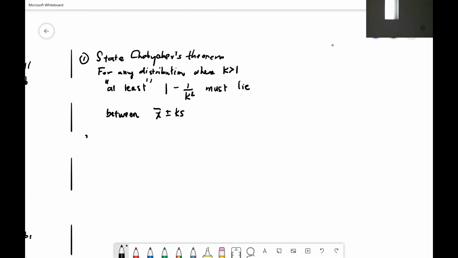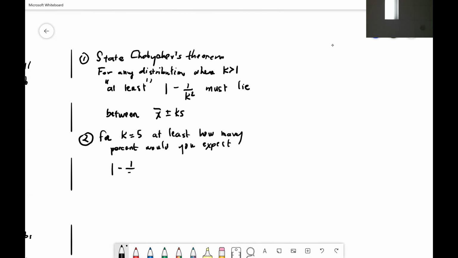And I might say for number 2, for k equals 5, at least how many percent would you expect? Let's say I could give you something like that. Then you would say, okay, 1 minus 1 over 5 squared, which is 1 minus 1 over 25.